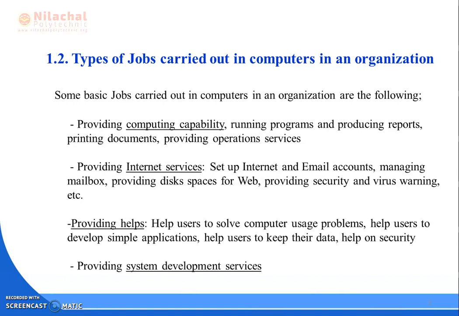Firstly, providing computing capability. We can describe the computing capabilities as running programs and producing reports, printing documents, and providing operation services. All those are the computing capabilities provided by a computer used in an organization.